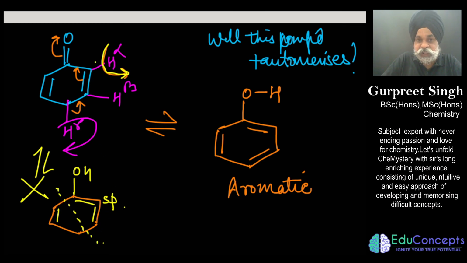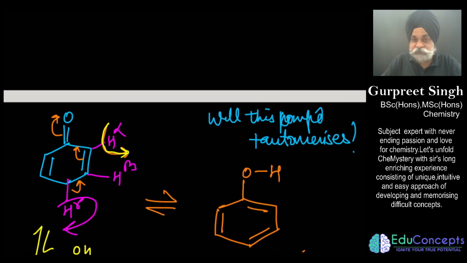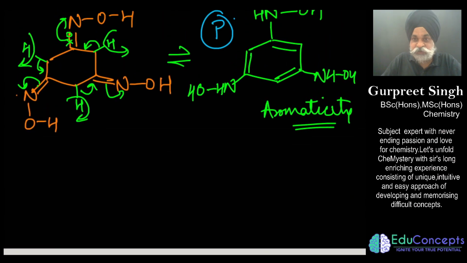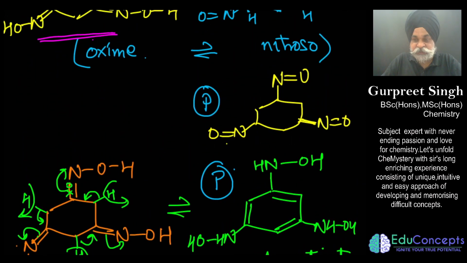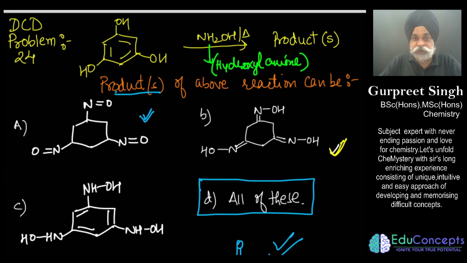So this hydrogen of this type, which is sp2, would never undergo tautomerism. Again and again I am saying the same statement, that the length and breadth of this topic is very lengthy. I tried my level best to keep myself to this particular question only, whatever things are required. So this is a beautiful question, I liked it very much, and hope you also have enjoyed it.